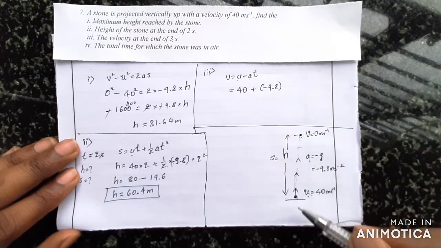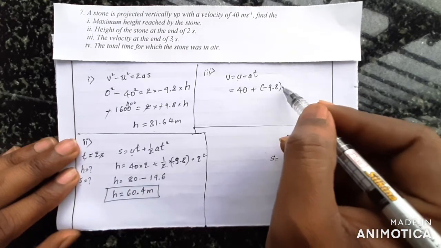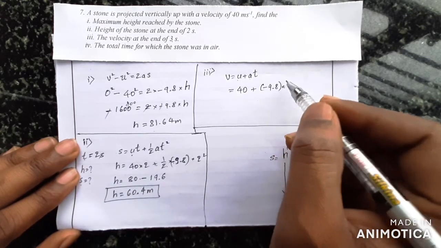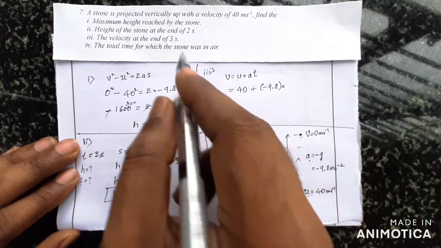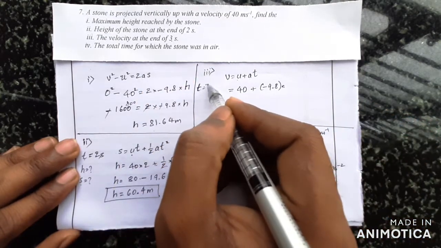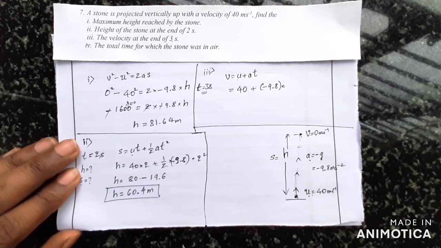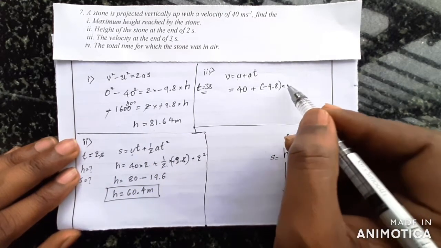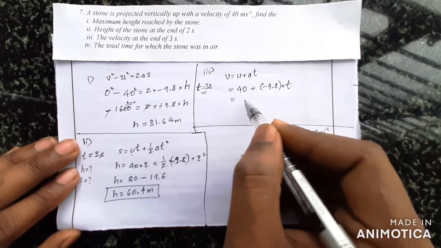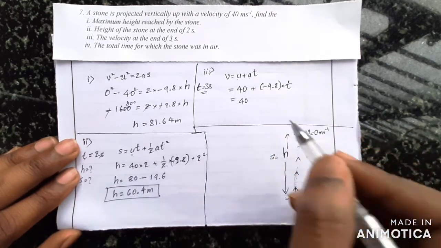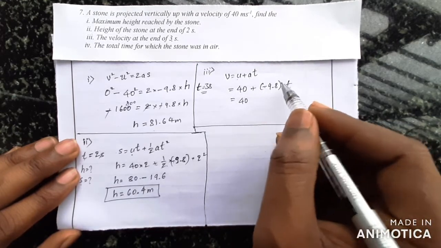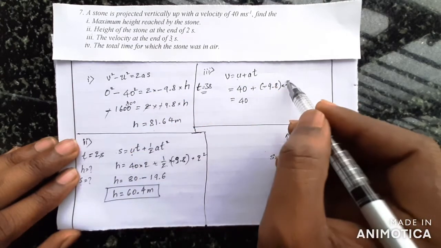Keep that in mind because the body is thrown upwards, into t. What is t? See, after 3 seconds. They themselves have given that we have to calculate the velocity after 3 seconds of journey. So into t, it's equal to 40 minus 9.8, okay, what is t? T is 3 seconds. Let me put 3.